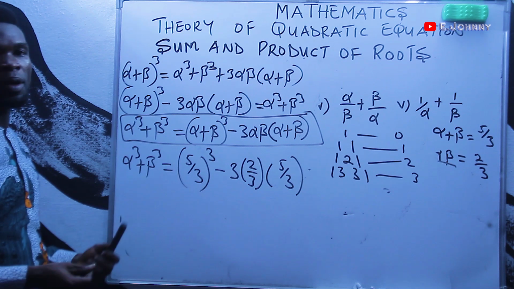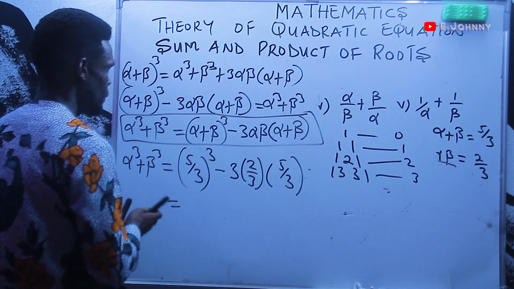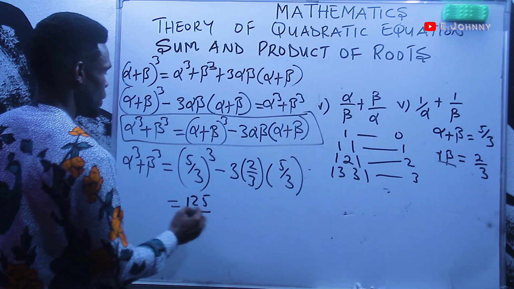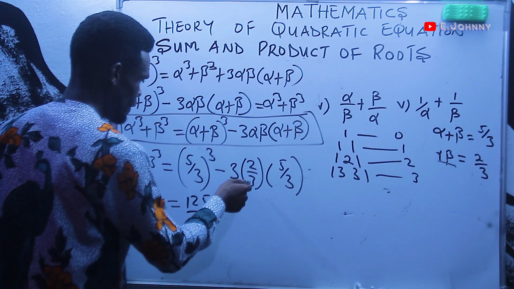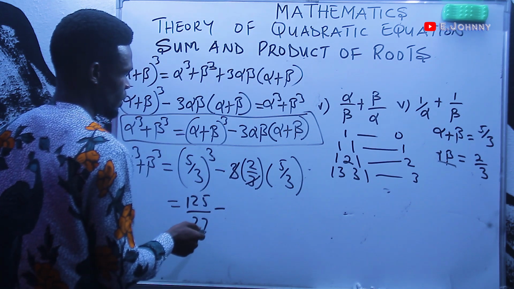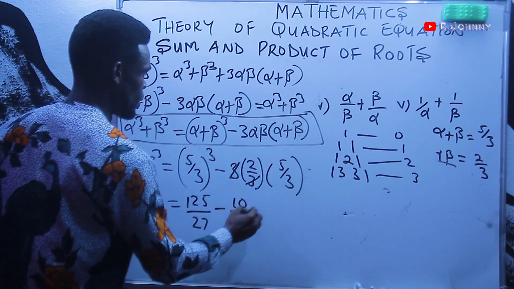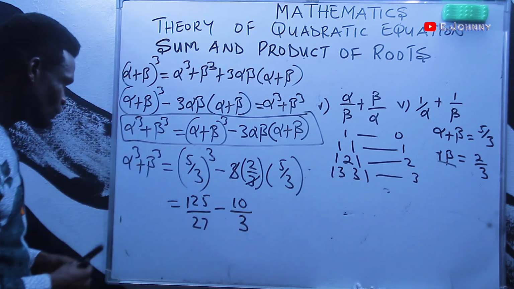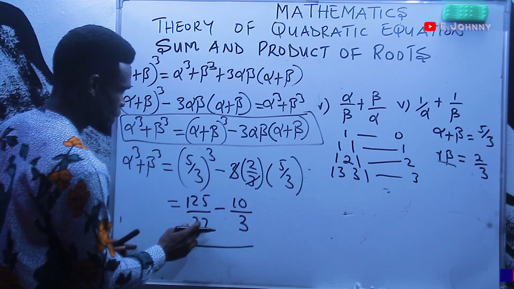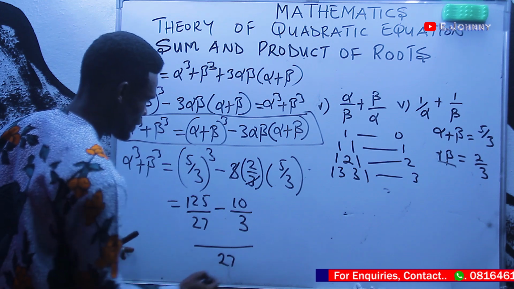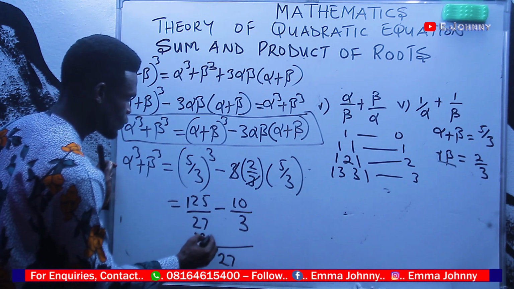This is now simple arithmetic. So this is going to be equal to 5 cube is 125 all over 3 cube 27, minus, this 3 will cancel this 3. So you are left with 2 times 5, 10, all over 3. So the next thing now is find the LCM. The LCM definitely will be 27. Now 27 goes into 27 one time, 1 times 125 is 125.